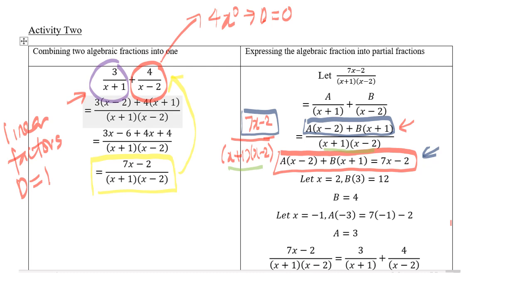Then I let x equal -1 to eliminate b, so I can find a. Hence the partial fractions for this algebraic fraction will be 3 over x plus 1 plus 4 over x minus 2. You can see that the right hand side is actually the reverse of what you have done on the left hand side.